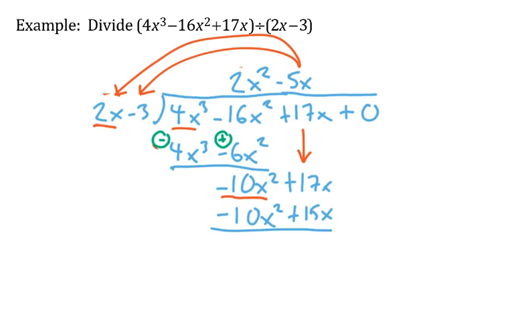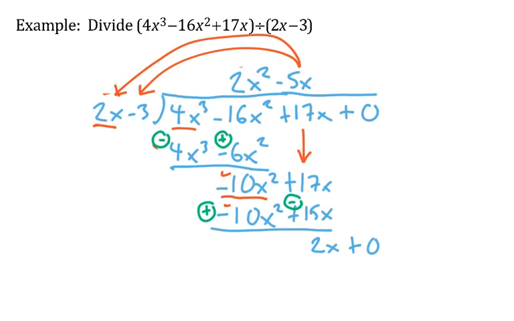Okay, now to see how close we now are, we subtract these two lines, or more efficiently, we change the signs. The negative becomes a positive, the positive becomes a negative, and then we can simply add. Negative 10x squared plus 10x squared would give me 0. 17x minus 15x is 2x. And then we bring down one more term.